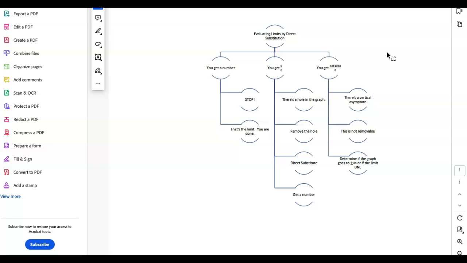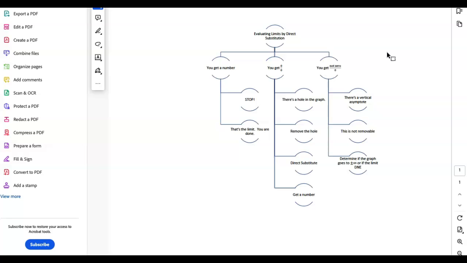Now the third thing that can happen is typically the most confusing. You direct substitute and you get a number, so not 0 on the top, but on the bottom you get 0. That is never, ever going to give you a number, no matter what you do, okay? You're always going to keep getting 0 in the bottom.